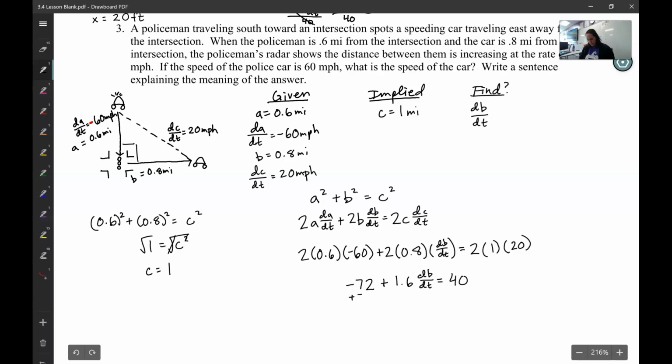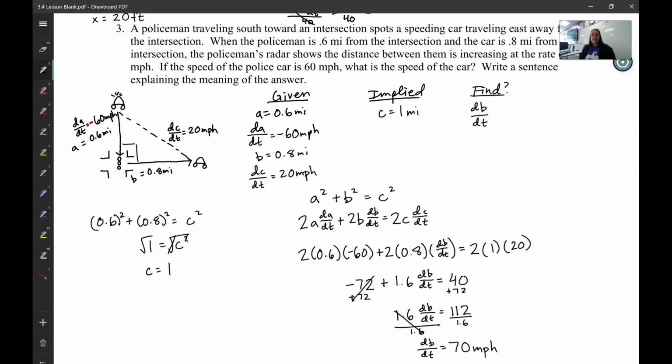So let's add 72. Get 1.6 dB/dt equals 112. And then divide by 1.6. So dB/dt is going to equal 70 miles per hour.